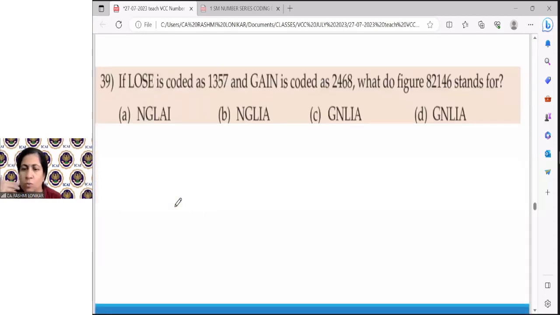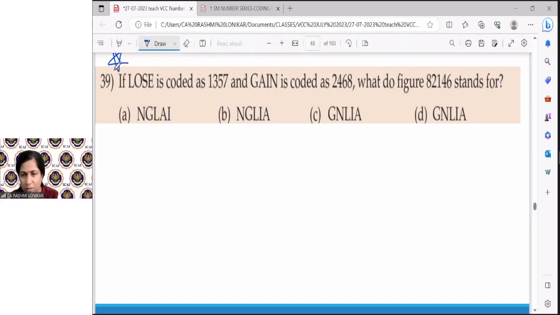Okay, this also is one type of question. Up till now, we were doing coding of alphabets. Now here, they've already given you the code and the numbers are given and you are asked to find the alphabets. Okay, so this is a different type.